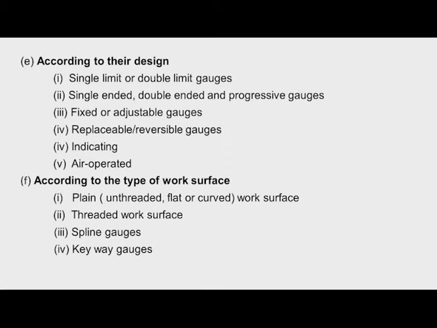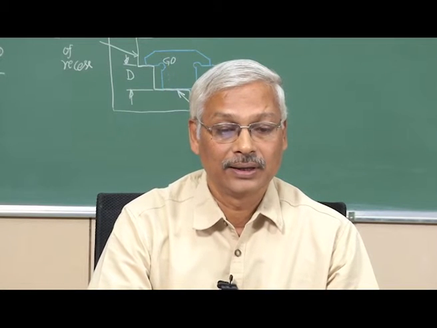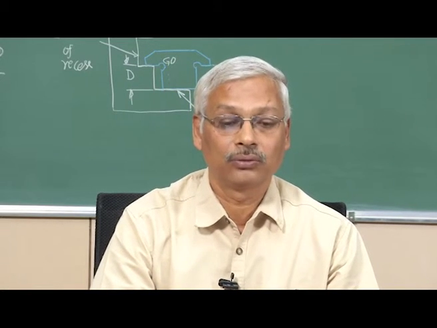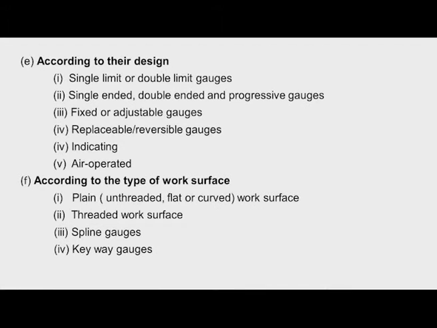If there is any indicating mechanism, they are called indicating gauges, and if air is used for gauging purpose, we say air gauges. And according to the type of work surface that is checked, they are classified as plain work surface gauges, threaded gauges, spline gauges, and keyway gauges.